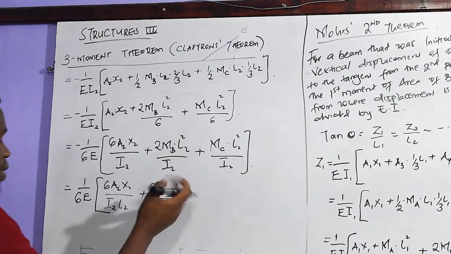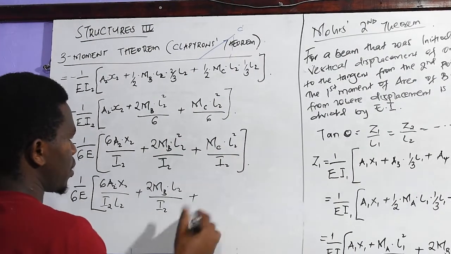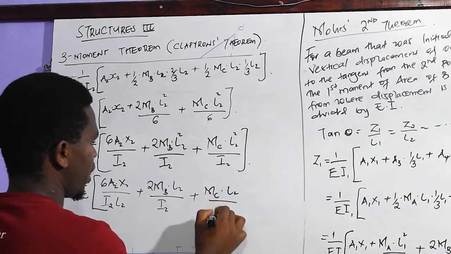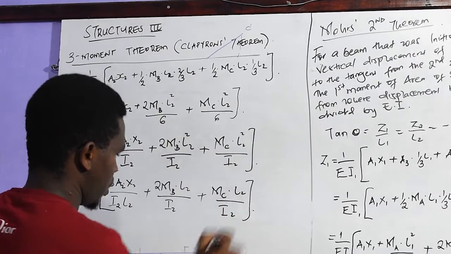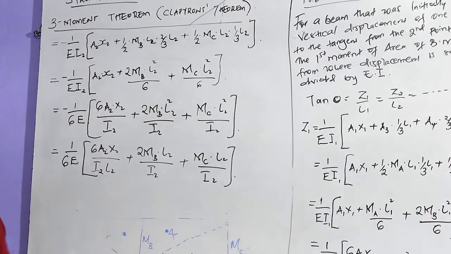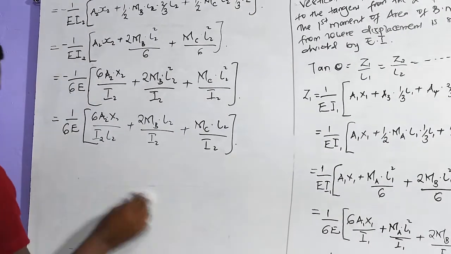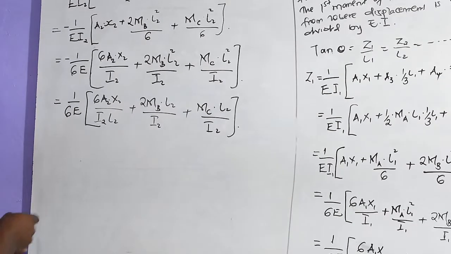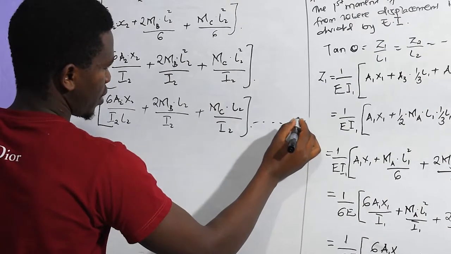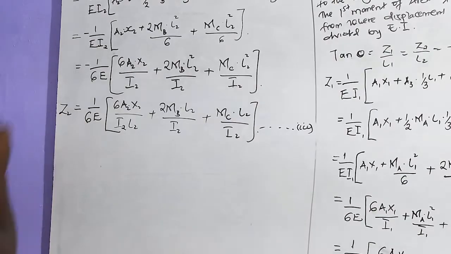Remember now it is not squared because it has been divided by length 2. You add moments at C, L2 all over I2, like so. And this is our equation 3. Remember this is our Z2.